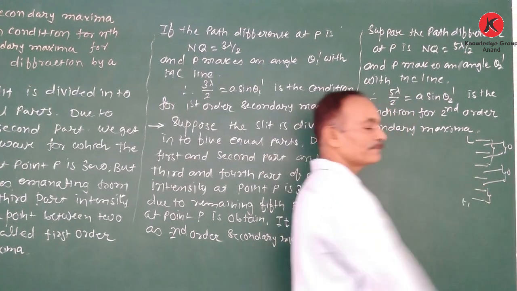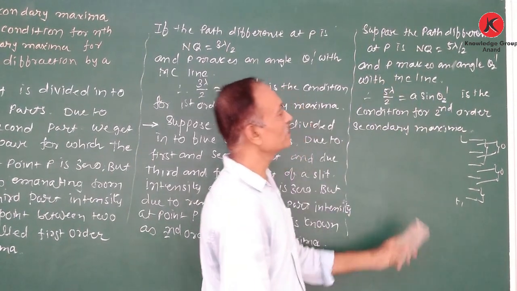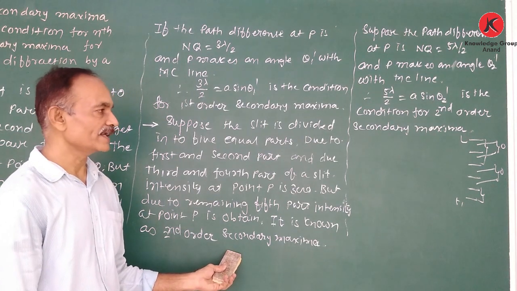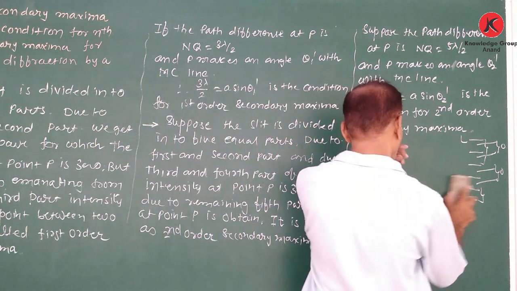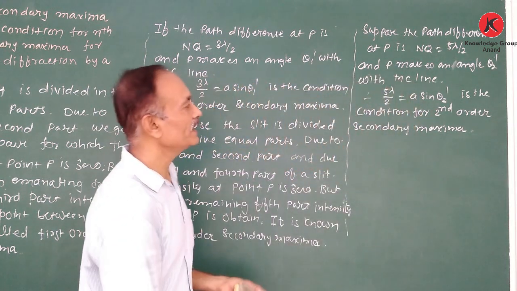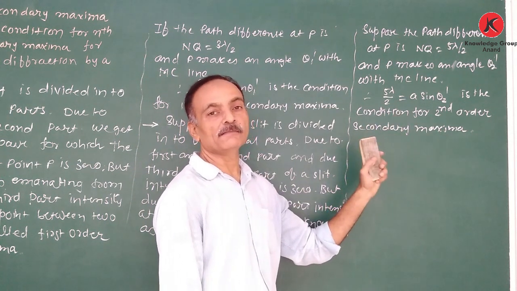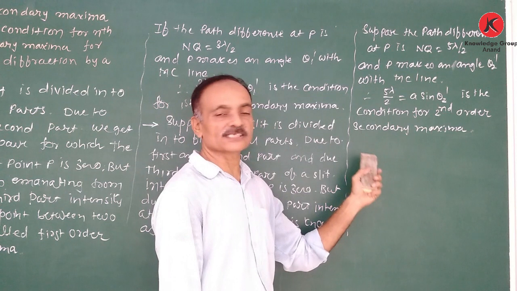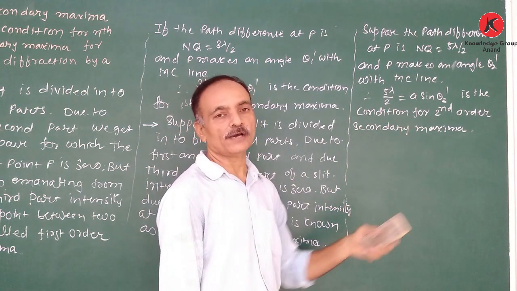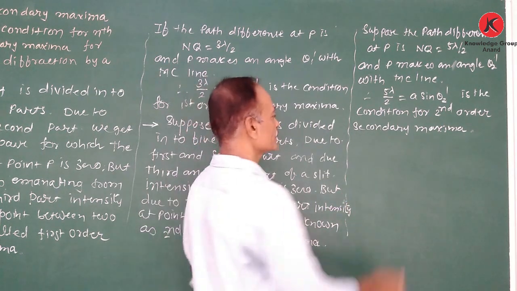But due to the remaining fifth part, the intensity is obtained at point P. Therefore this point P is known as the second order secondary maximum. Now, similarly, if we divide the slit into 7, 9, 2n plus 1 parts, the corresponding third order, fourth order, and so on, nth order secondary maxima is obtained at point P.